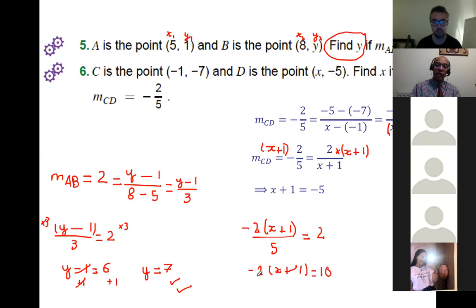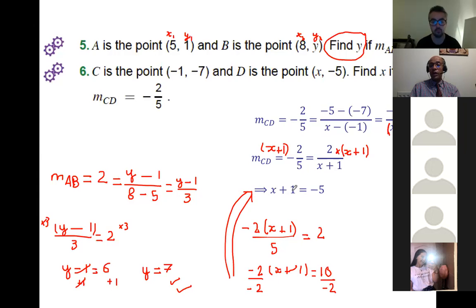Then after that, to get rid of the -2, I divide by -2 both sides. And that's how you end up with x plus 1 equal -5, because 10 divided by 2 is -5. So you end up here: x plus 1 equal -5.